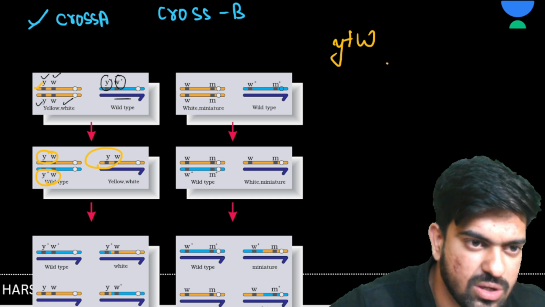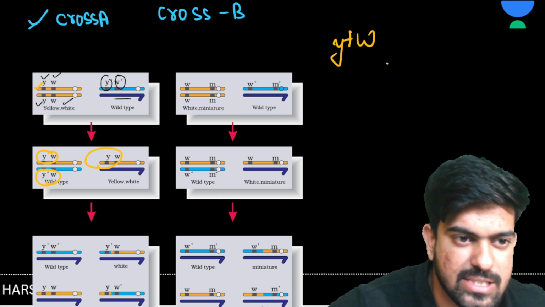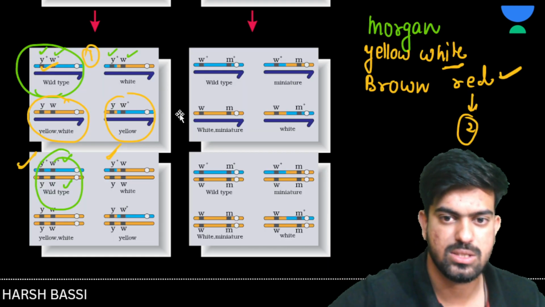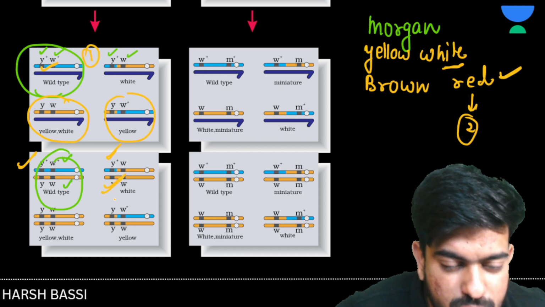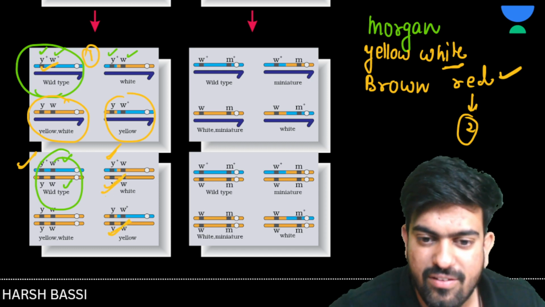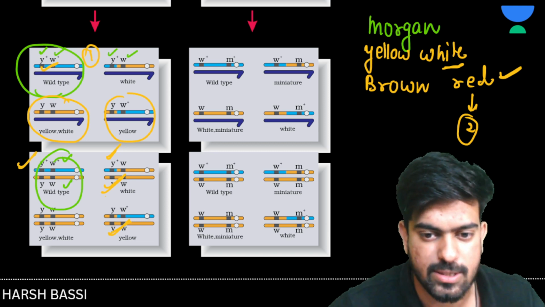One second, I'll go back to that slide. Just give me one second. What happened here? Yes, see here. So in case of some, we had what? We have the new combination. Yes or no? Yes, sir.